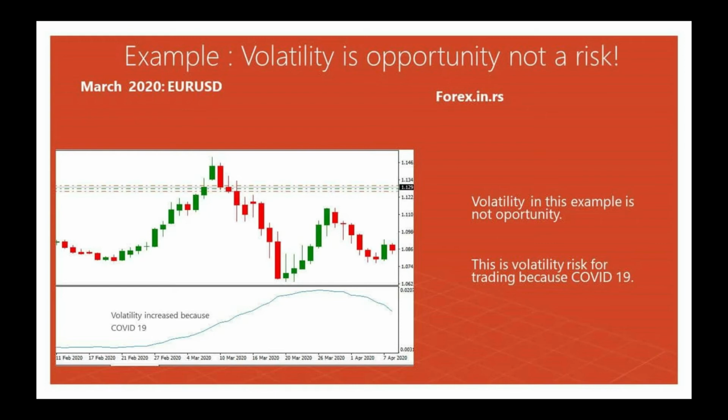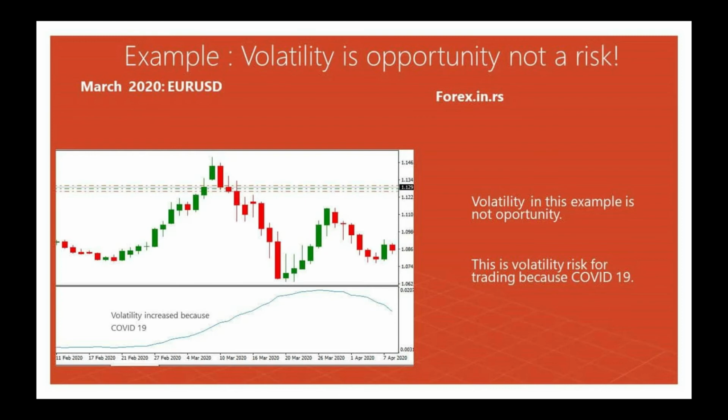Another thing that I want to tell you is to use ATR to think about whether it is an opportunity or not. Look at this. Right now, on this chart, you can see EUR/USD in March 2020. And you can see increased volatility, crazy volatility in March 2020.